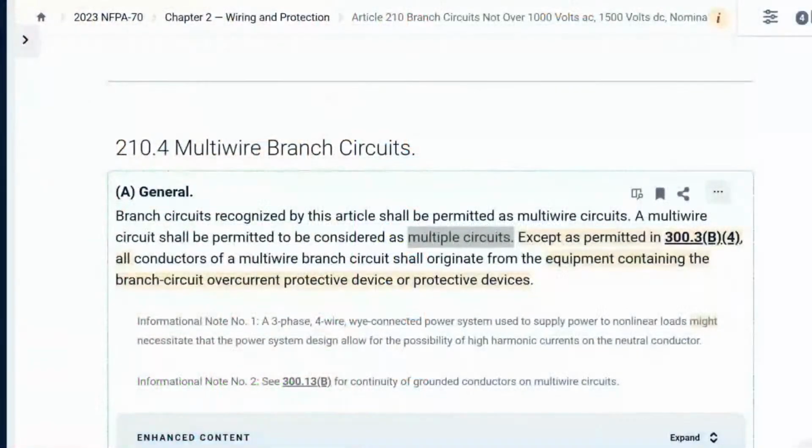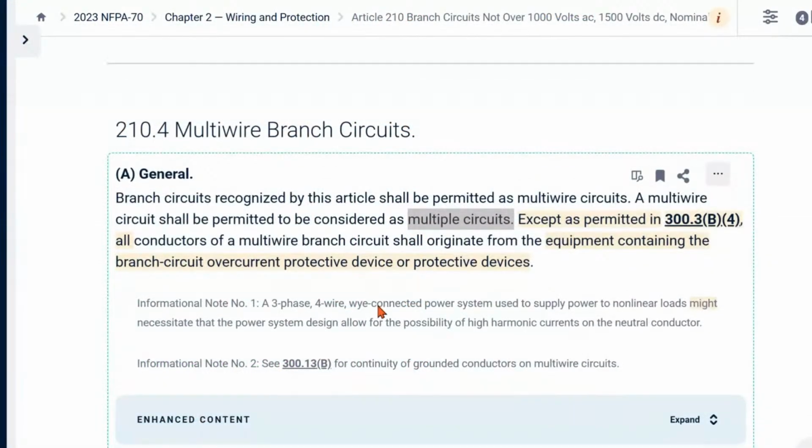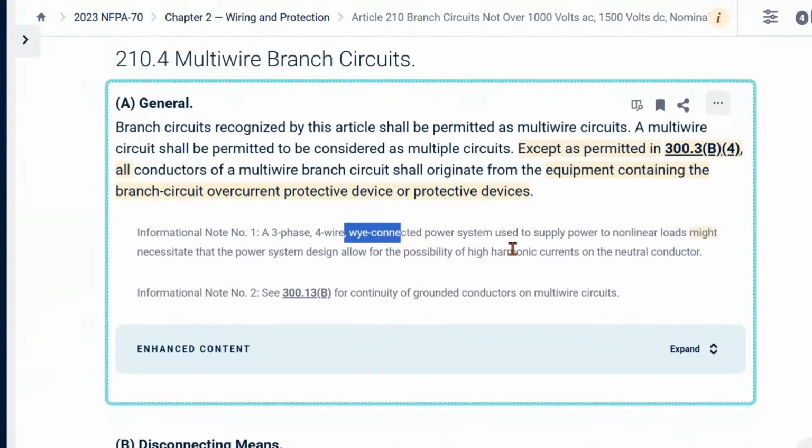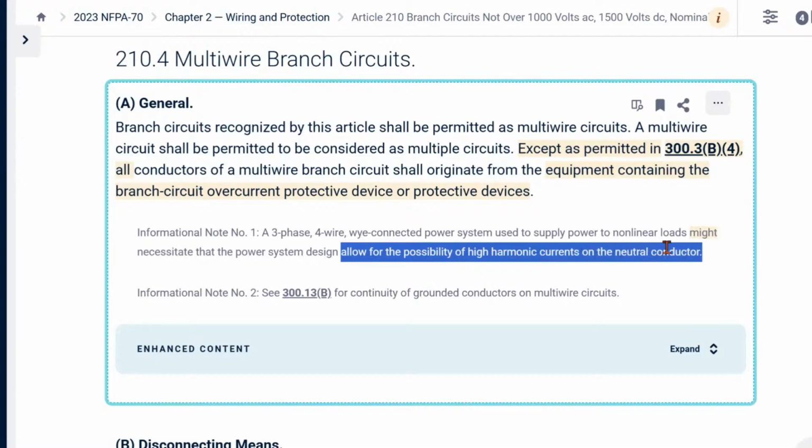Right here it says, a three-phase four-wire Y system used to supply power to nonlinear loads might necessitate that the power system design allow for the possibility of higher harmonic currents on the neutral conductor. So it may require that neutral be sized larger. So be careful depending on what type of system you're dealing with, okay?